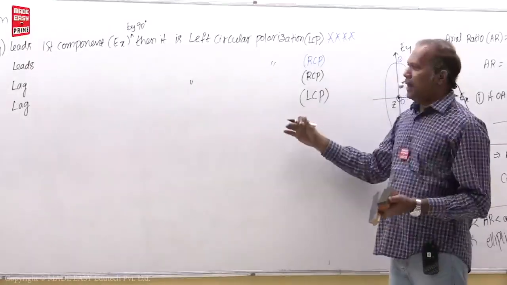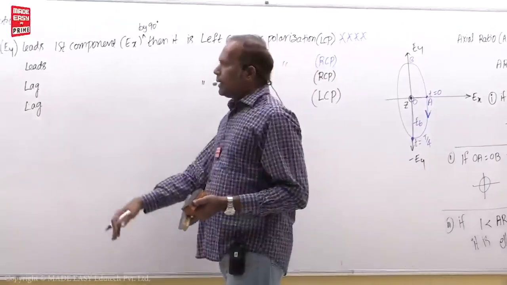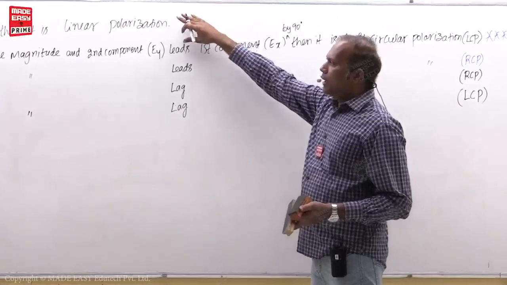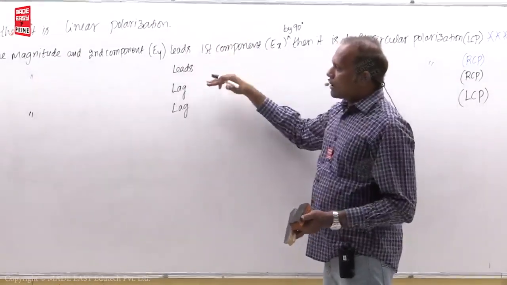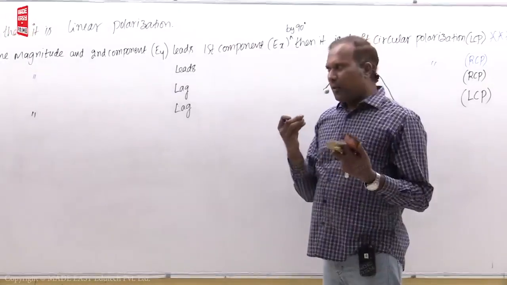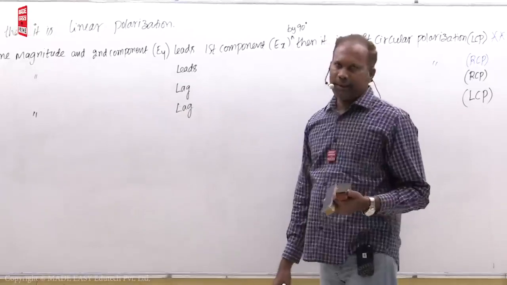Similarly for other cases; I am not writing them for elliptical polarization. In an exam question you test like this: if it is linear you tick mark it. If it is not linear you test for circular polarization. If it is circular polarization you tick mark that. If the circular polarization statement does not match, then automatically it is elliptical polarization.